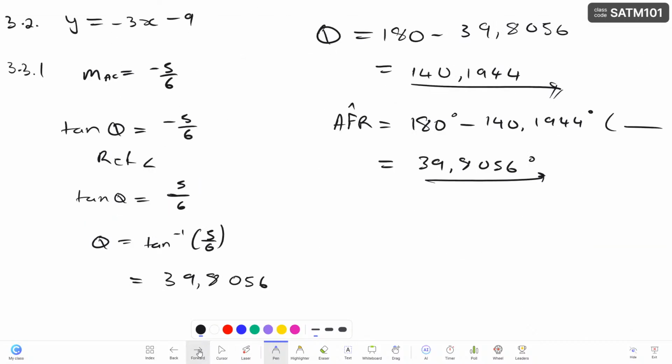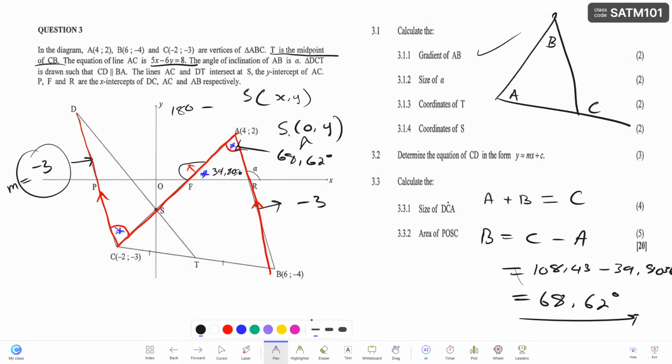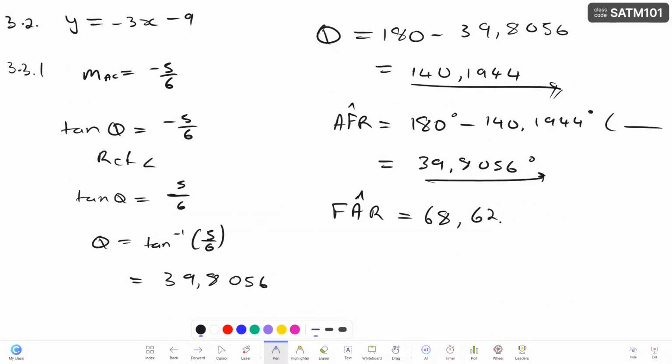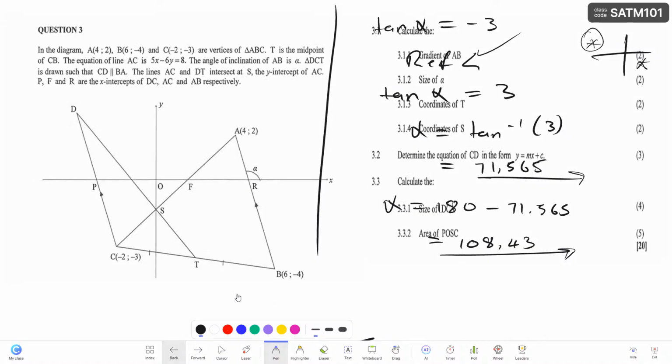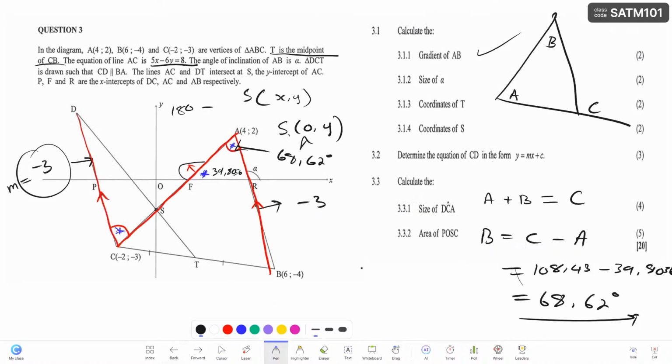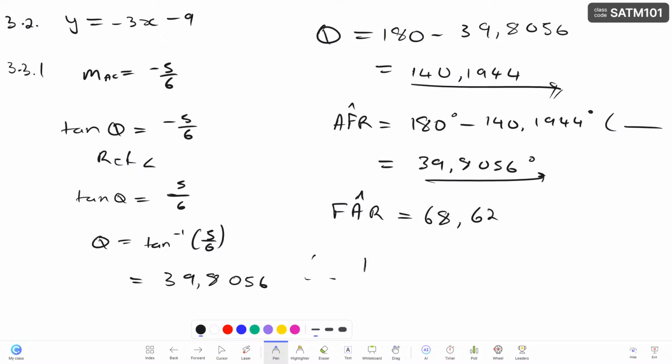So FAR is equal to 68.62. So then you can say, therefore, the angle that we are looking for, which is angle DCA, is equal to angle FAR, which is equal to 68.62 degrees. Reason: alternate angle.